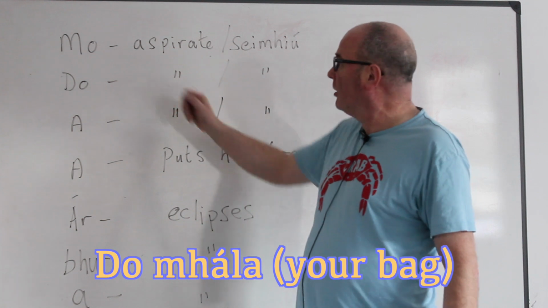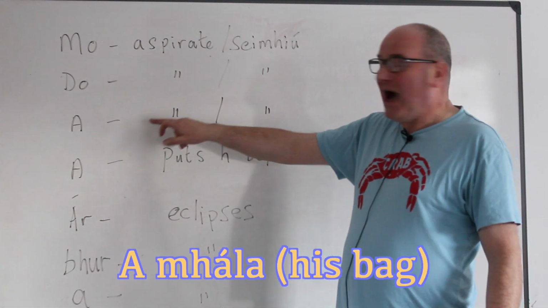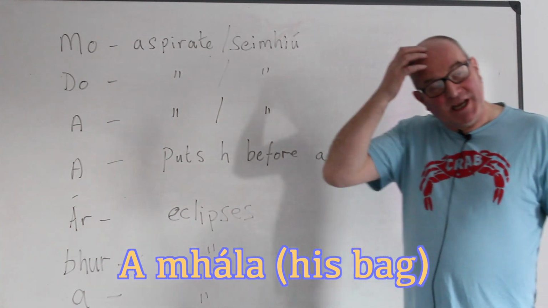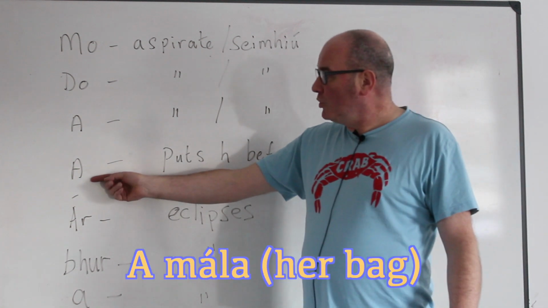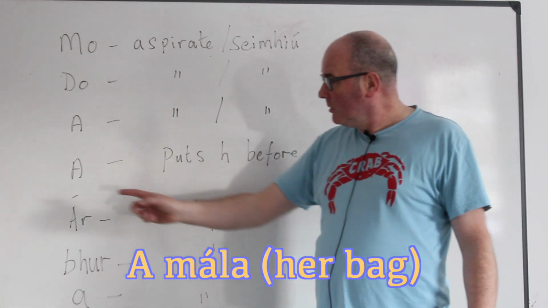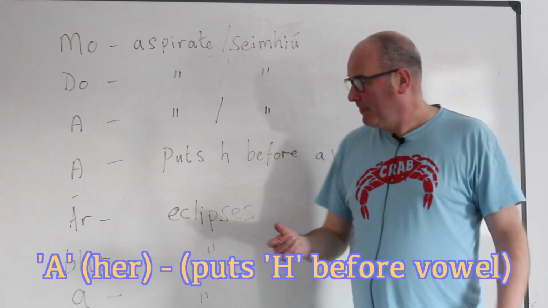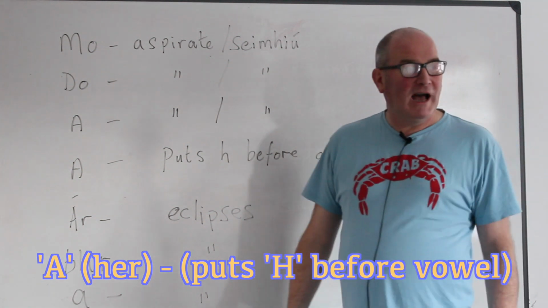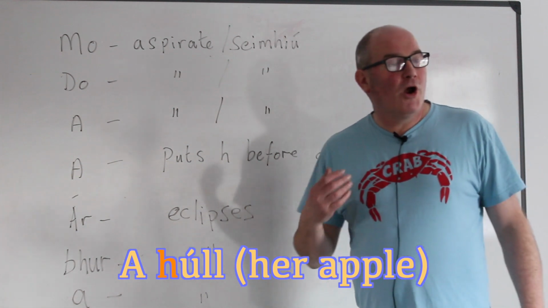A also aspirates, gives us the shevu. So a wala, his bag. Now, we use a also for her, but it doesn't give us a shevu. So a mala, but it will put an H in front of a vowel. So a hul, her apple.